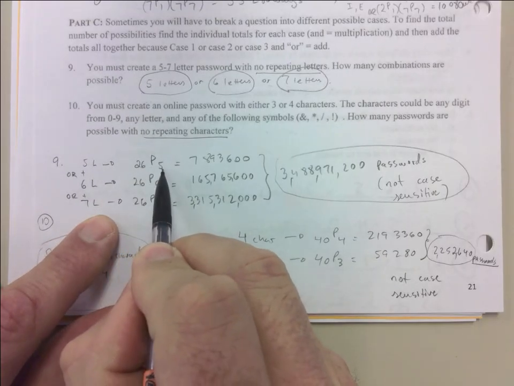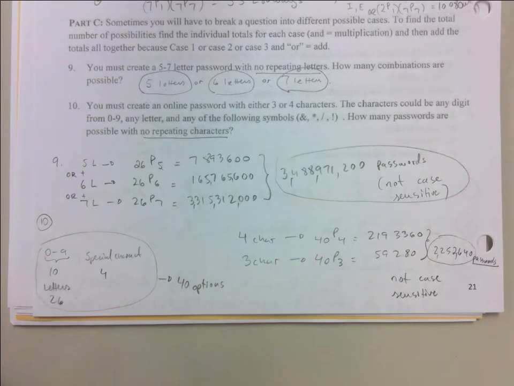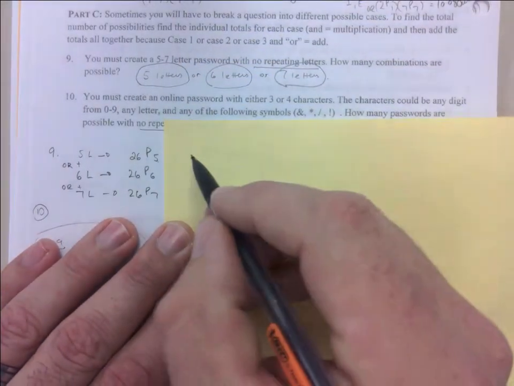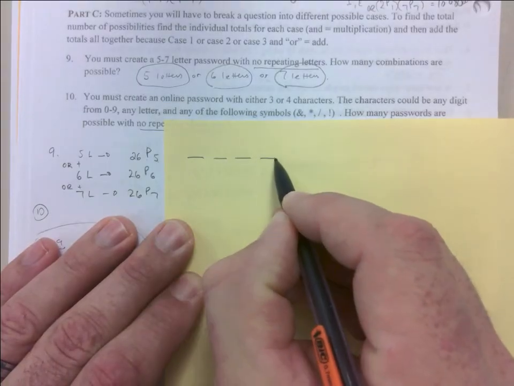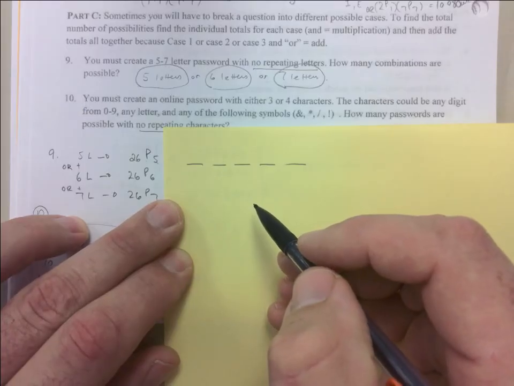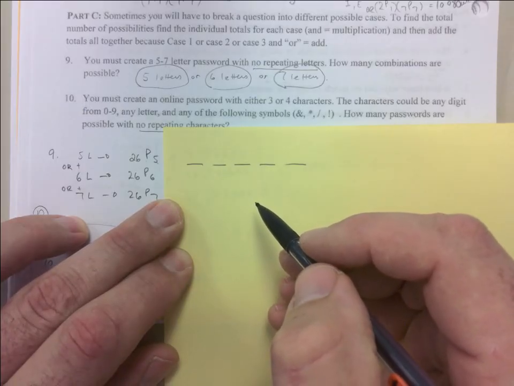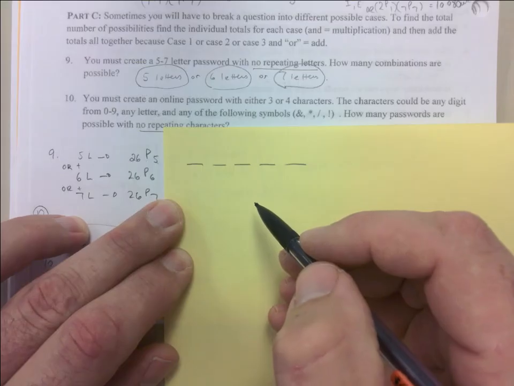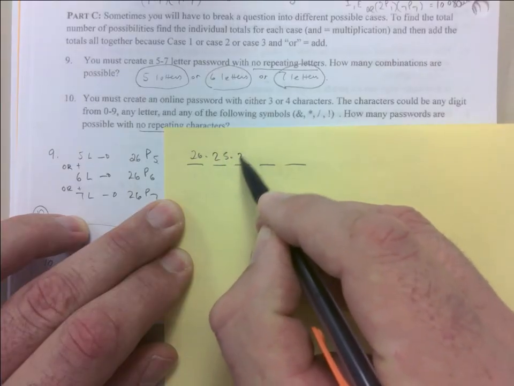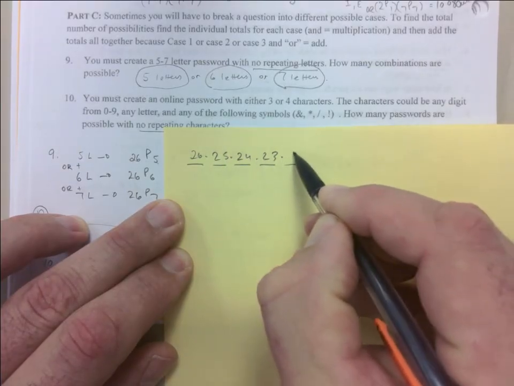26 pick 5 is essentially, I'm going to need some scrap paper here. That's basically if you were to do 5 slots like this, if all you have is a letter password. So letters, we're doing letters, so that would be 26, 25, 24, 23, and 22, right?